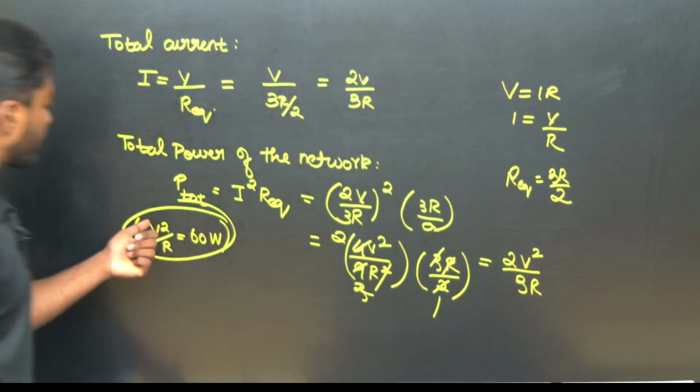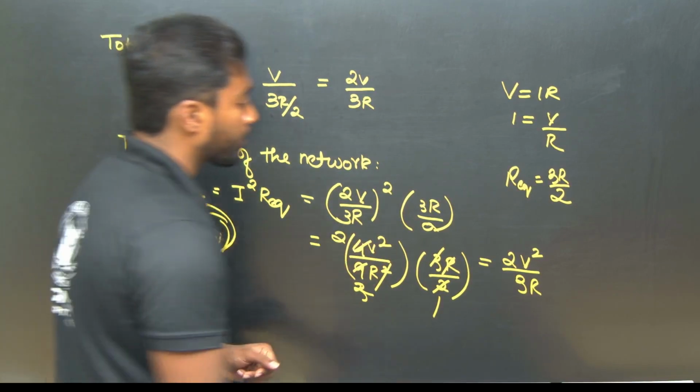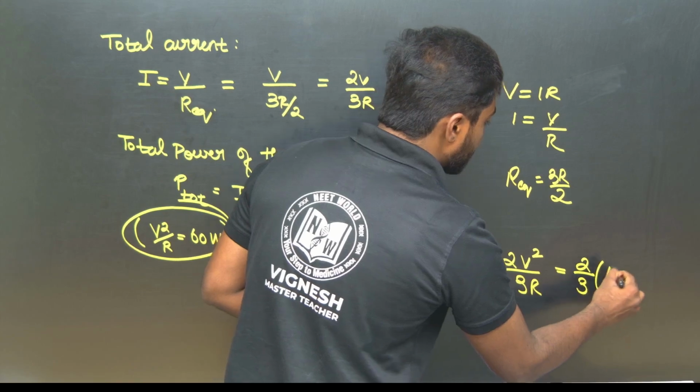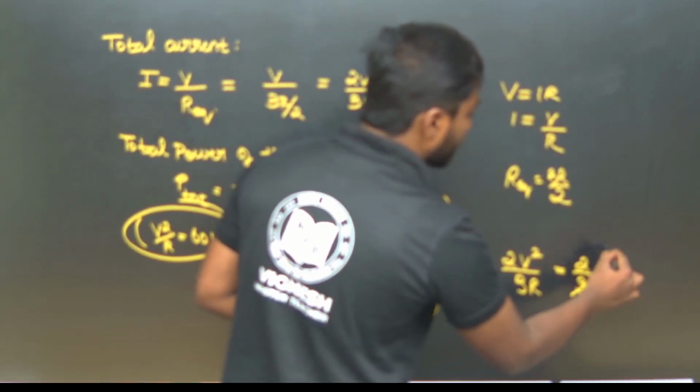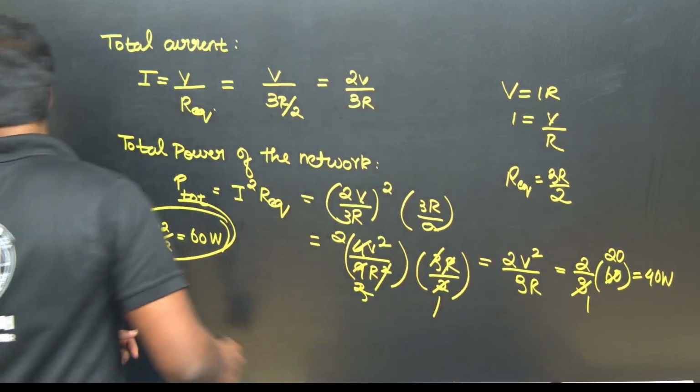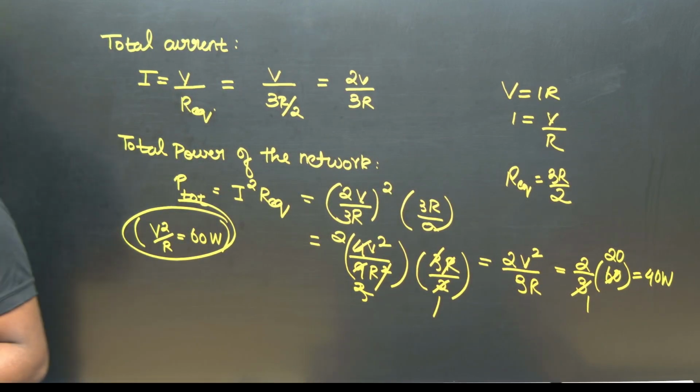What is the value of V square by R? It is 60. So it is 2 by 3 into 60, which is 20 times 2. The answer is 40 watt. This is the answer for the first question.